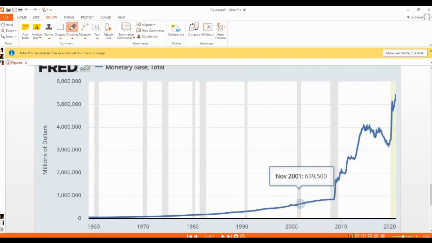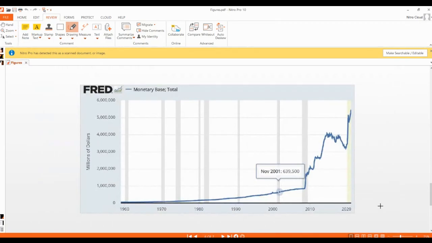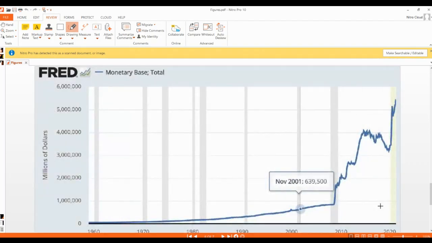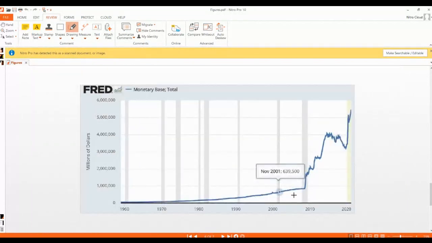But one question, do you remember the one tool of monetary policy that exists now that did not exist prior to 2008? I've mentioned this at some point in the past. The interest rate on reserves. Prior to 2008, you did not get any interest on reserves.